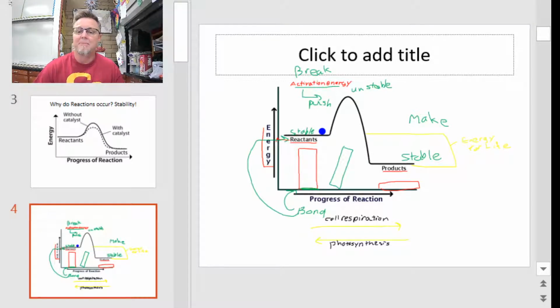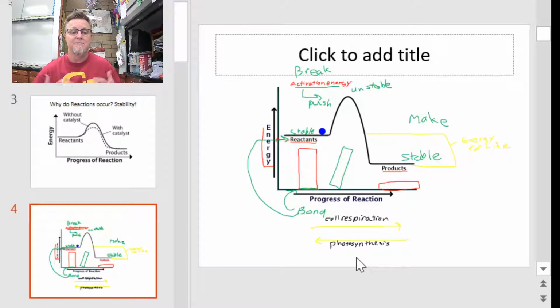That's the whole idea of what a catalyst is doing for us. And I tried to include some illustrations for you down here with these blocks. We've got a block sitting upright that's stable, and then over here it's laying on its side after the reaction has occurred, which is also stable. And in the middle we've got it tipping on its edge, which shows its instability.